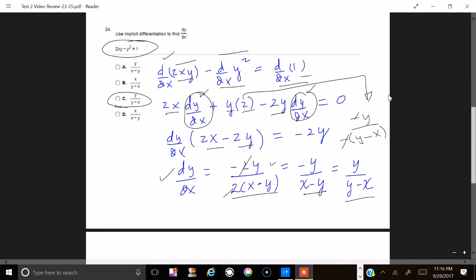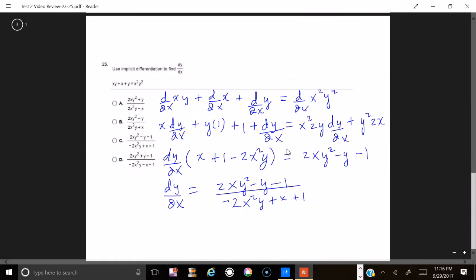Then problem 25 is another implicit differentiation problem, and we again take d/dx of every term of the expression. d/dx of xy plus d/dx of x plus d/dx of y equals d/dx of x squared y squared.